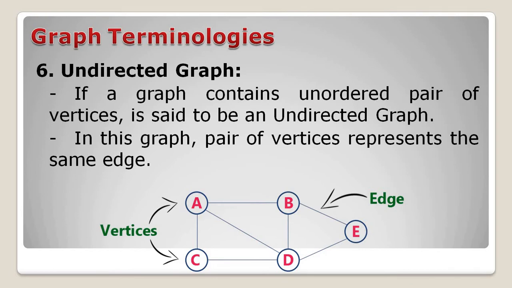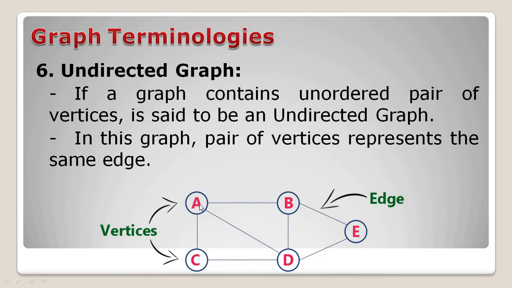The next graph terminology is the undirected graph. An undirected graph is a graph in which all the edges are bidirectional. That is, the edges do not point in any specific direction. That is the concept we call an undirected graph. This is the example we have for the undirected graph.